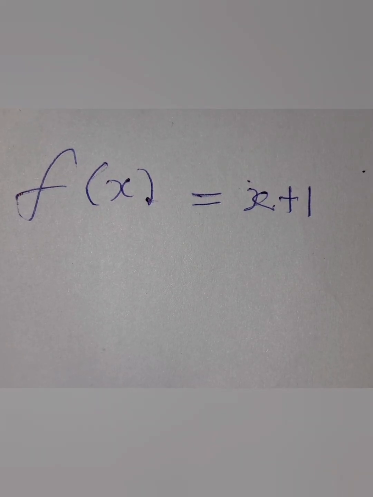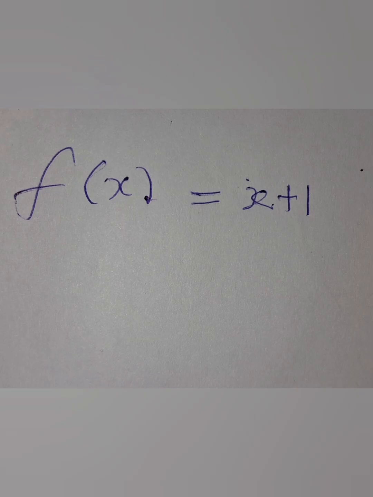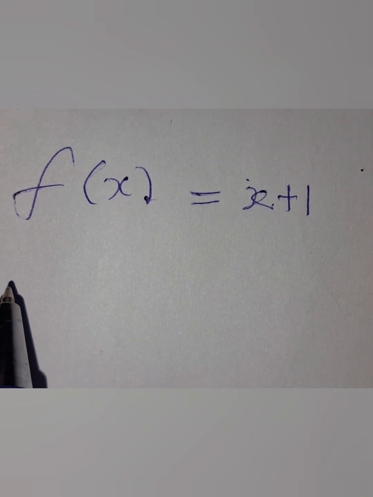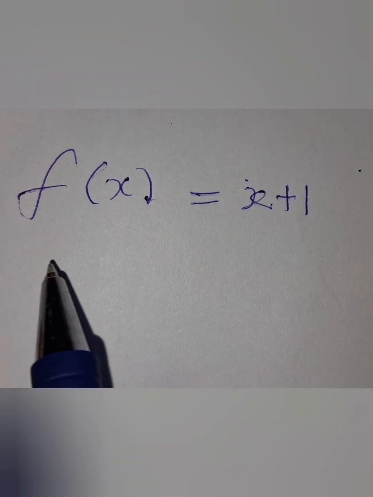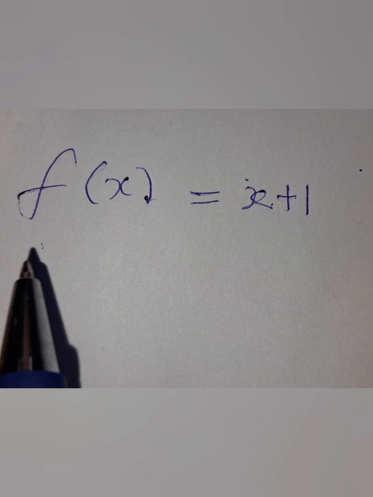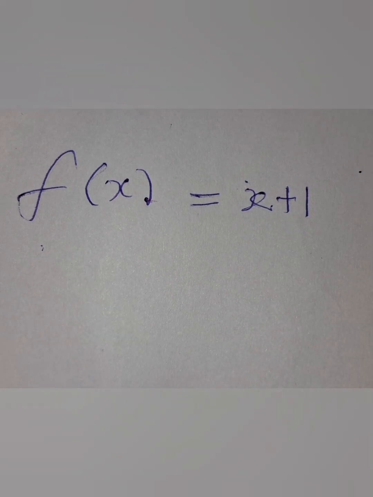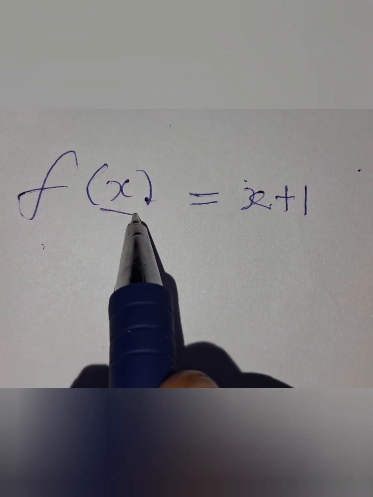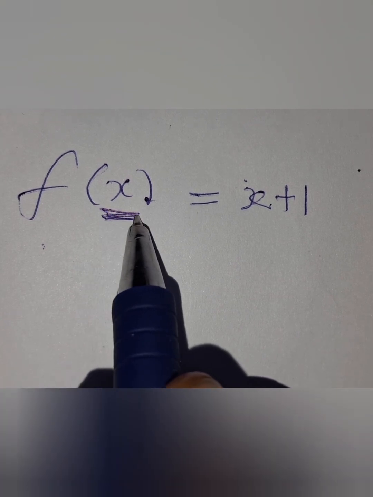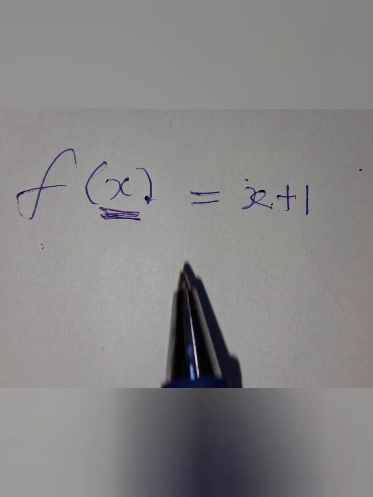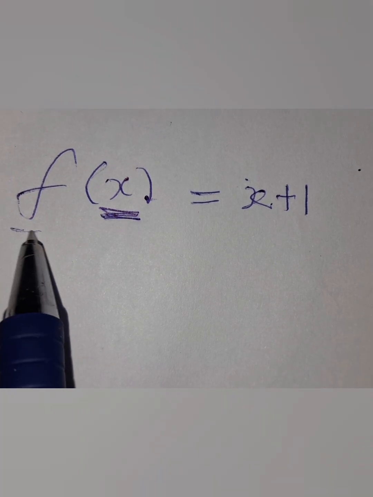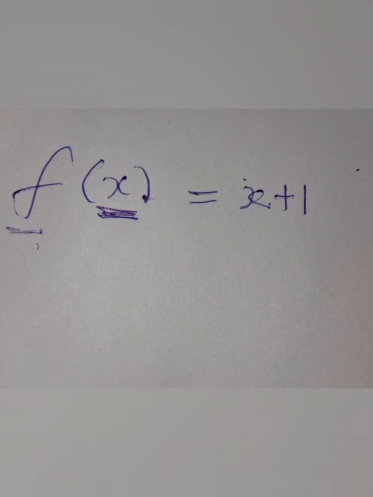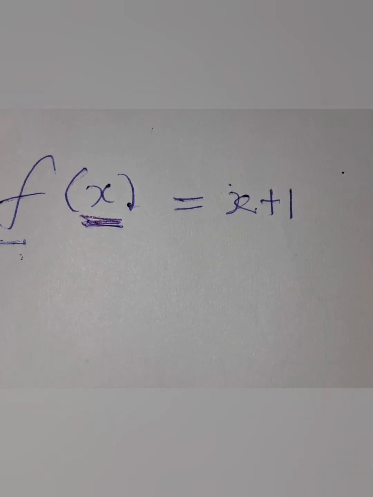So here we have a function, f of x is equal to x plus 1. Explaining what the definition was saying, a function is a rule, and in this rule we are going to take x, whatever the number, in this case it is unknown, whatever the value of this unknown is going to be, we are going to put it into the function f, and this function is going to map it onto x plus 1.